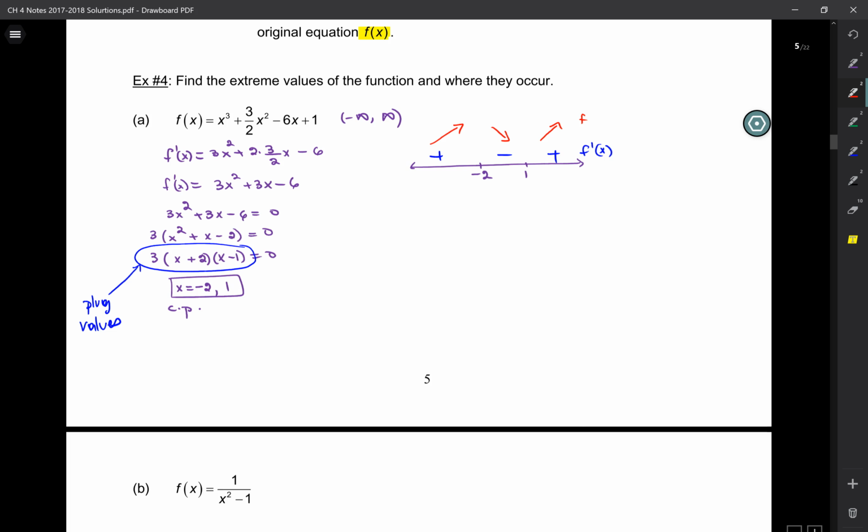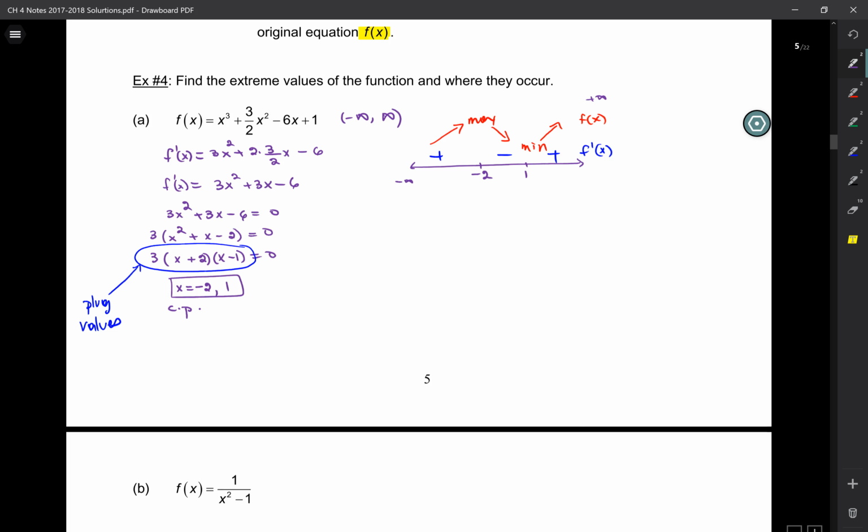So f of x is increasing, decreasing, increasing. That means there is a maximum here, there is a minimum there. Well, no, it's increasing indefinitely, up to positive infinity. It's increasing forever. And here it started from negative infinity.